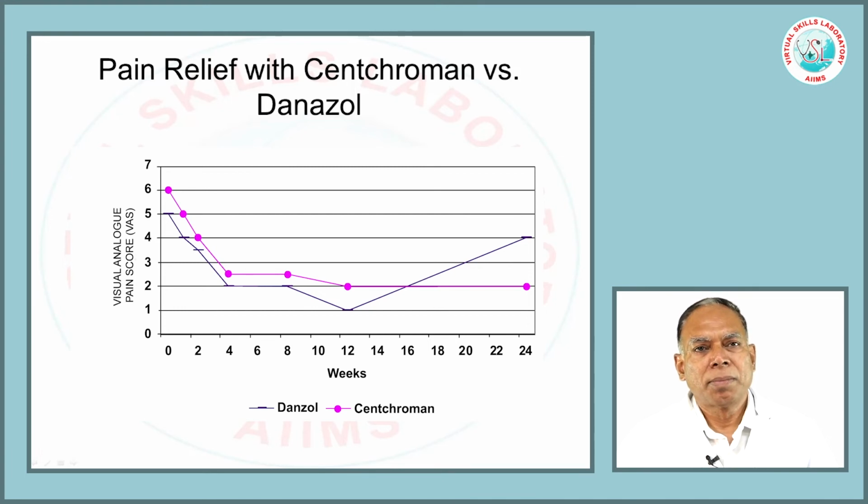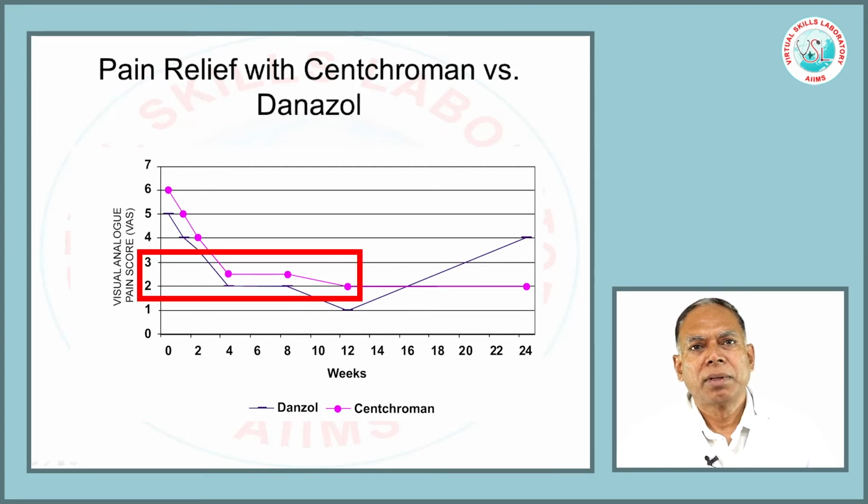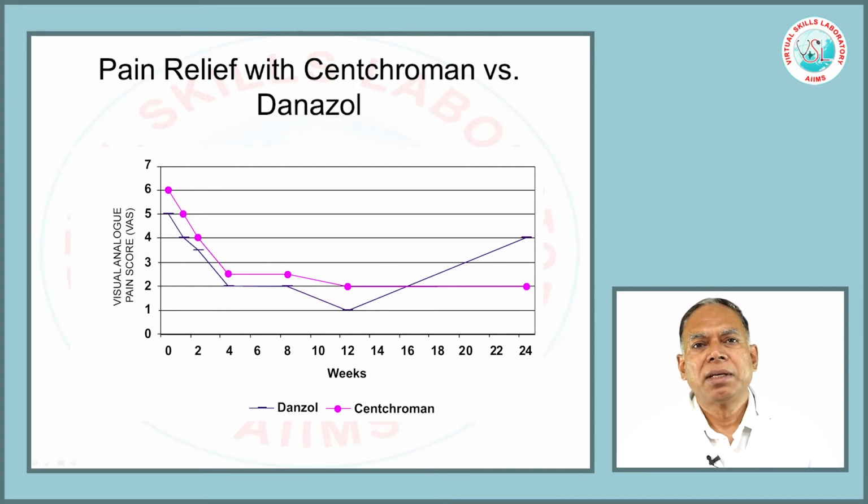So, the pain score dropped dramatically within 4 weeks of administration of these drugs, and then the pain score reached a plateau, remained in between pain score of 2 and 3 in most women, till we completed this course of medication for 12 weeks period. After 12 weeks, the medication was stopped.